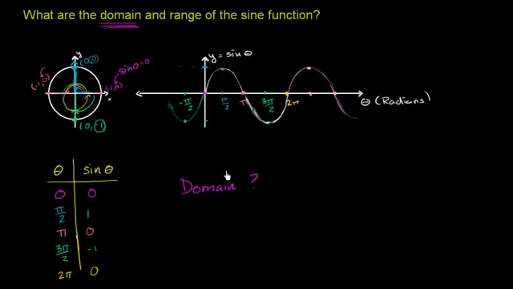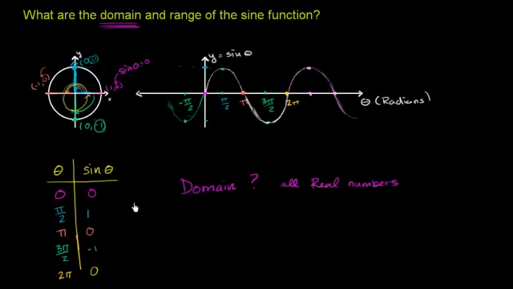Just as a reminder, the domain is all of the inputs over which the function is defined, or all of the valid inputs into the function, for which it will actually spit out a valid answer. Well, we already saw we can put in any theta here. So you could say the domain is all real numbers.